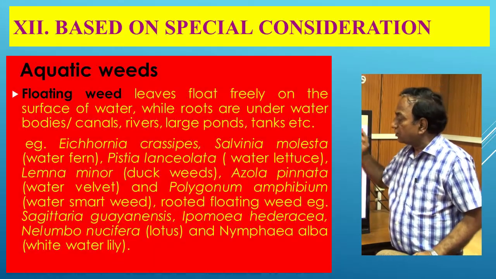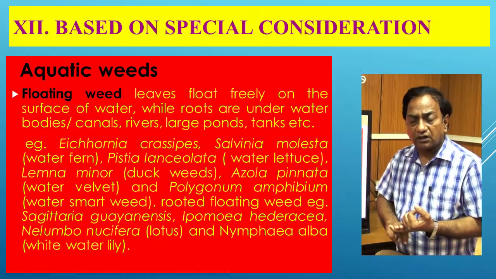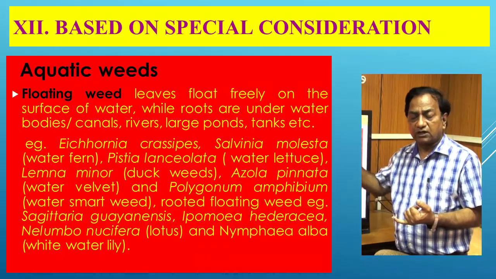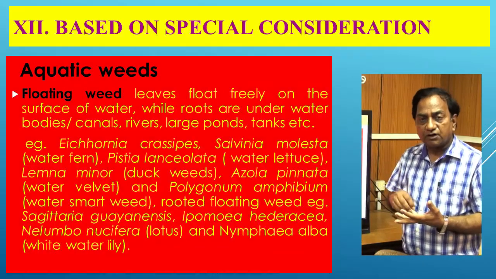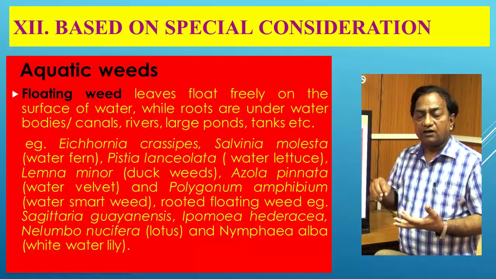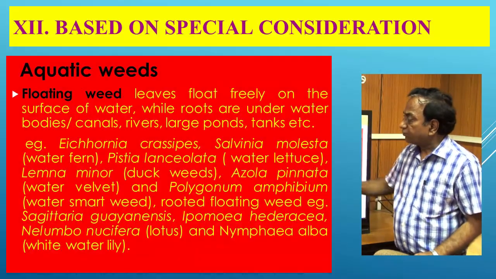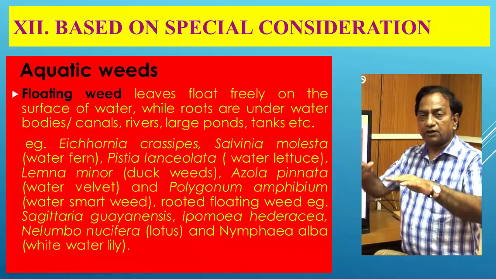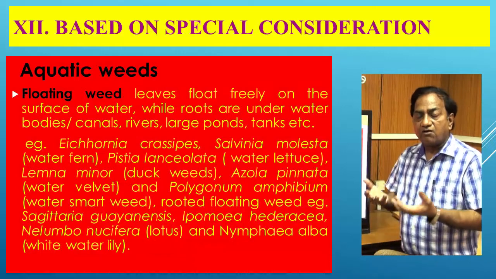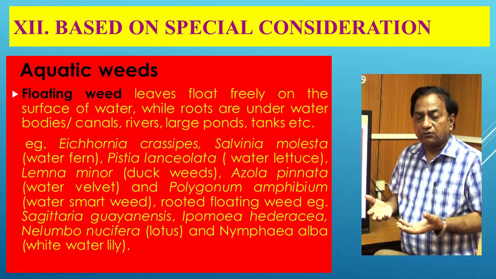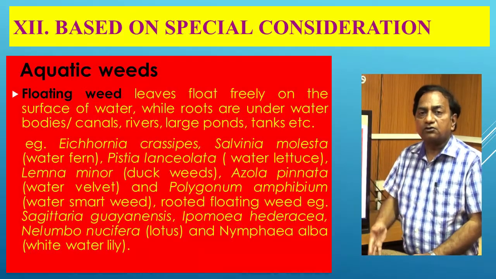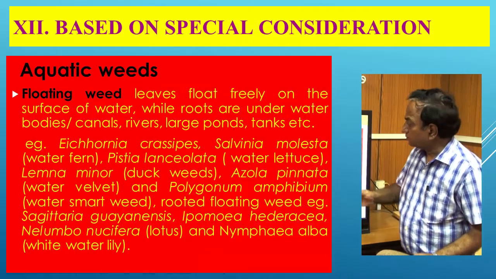There are different types of aquatic weed: floating weed, emerged weed, submerged weed, and terrestrial weed. The floating weeds float on the water surface, they have just floating roots also, but they are not anchored to the soil under the water.